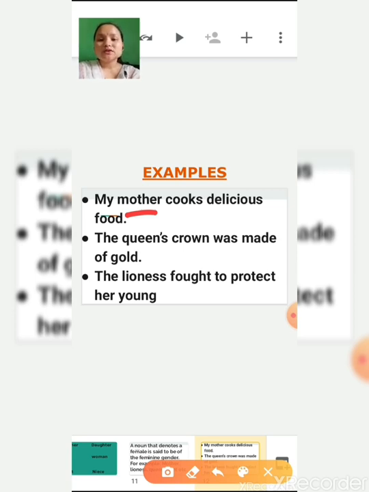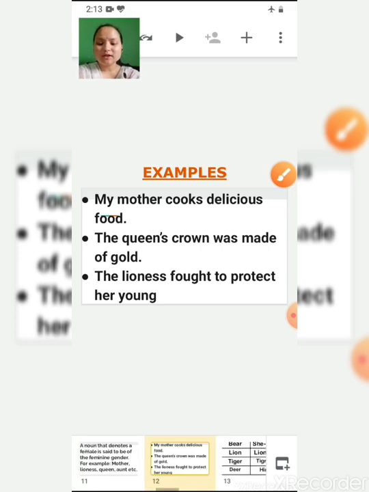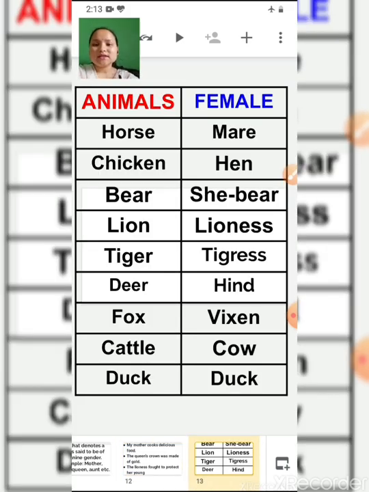The word queen's is denoting feminine gender. Third one, the lioness fought to protect her young. Here lioness is denoting what, children? Feminine gender.